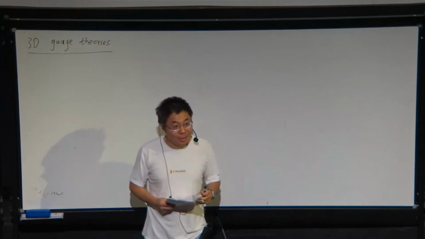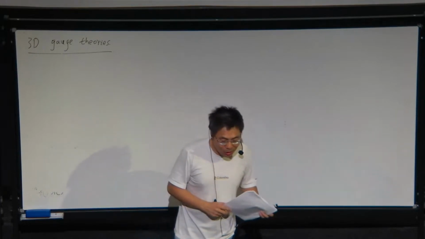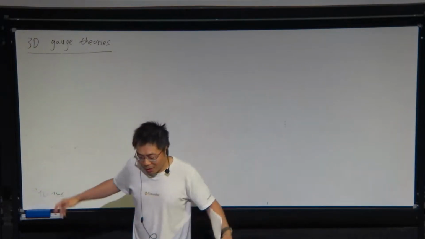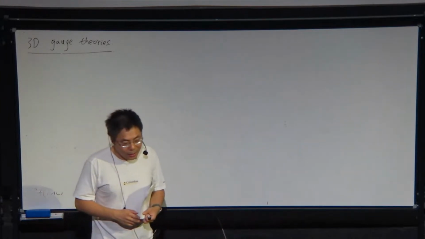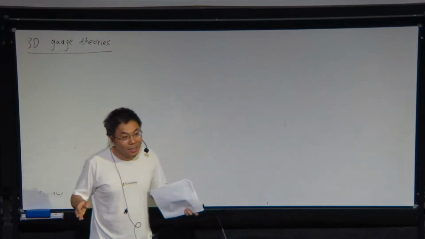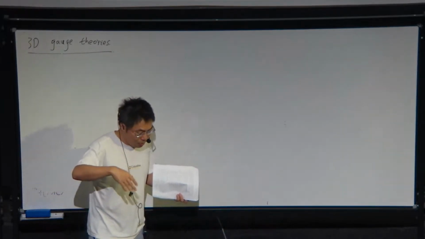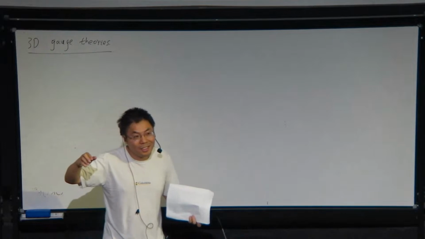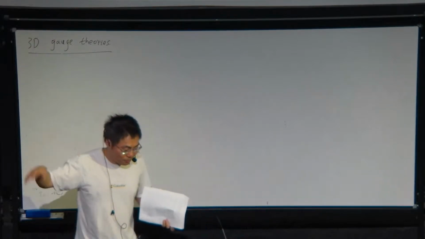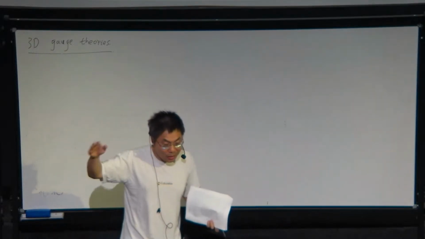Why is this tricky? Yeah, because the fuzzy sphere is related to Landau levels, and on the formal side, it's related to the Chern-Simons term, right? And we know the Chern-Simons term only exists in odd space-time dimensions, that is 2 plus 1D or 4 plus 1D. For 3 plus 1D, you don't have that.